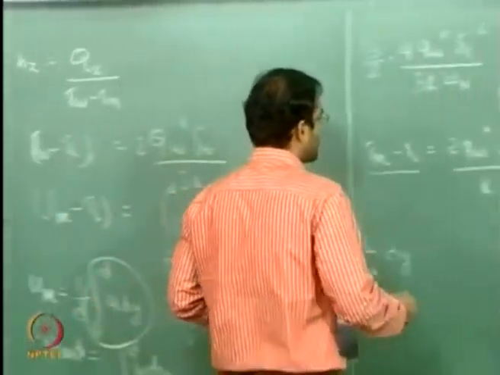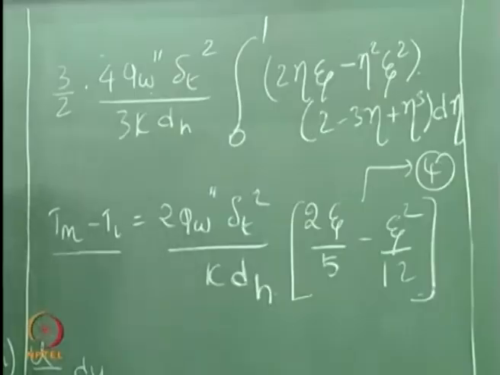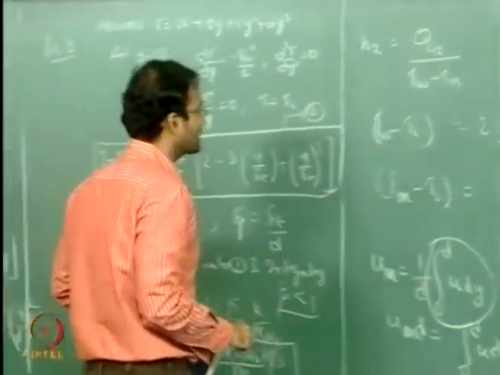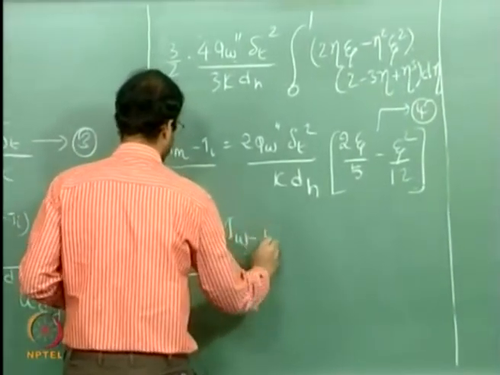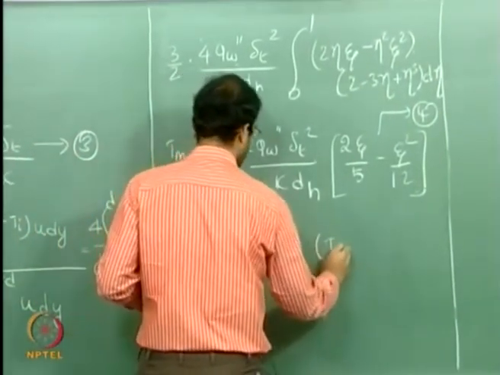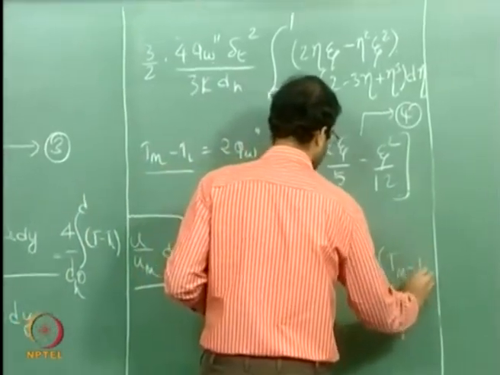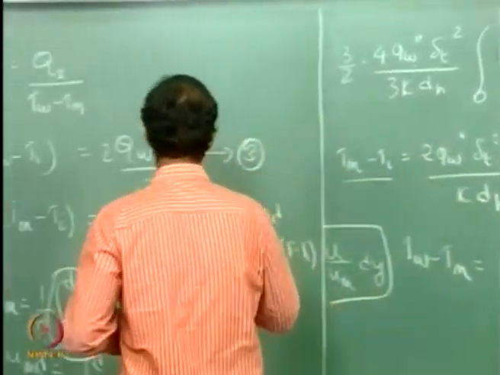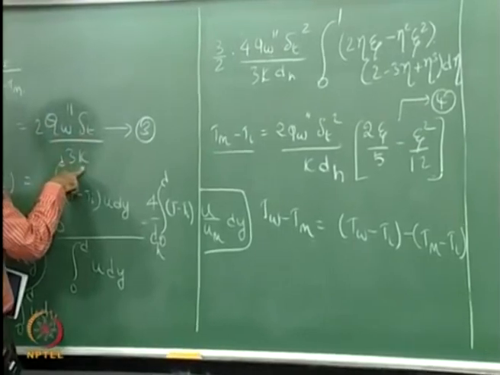Let me call this equation number 4, and this is the expression for Twall minus Ti. This is equation number 3. So therefore Twall minus Tm can be written as Twall minus Ti minus Tm minus Ti. Okay, so you see there are common terms here, your 2q double prime delta t by k is common.